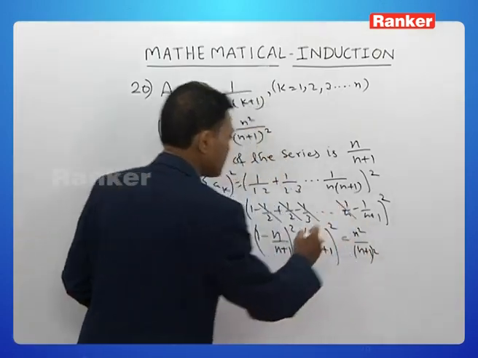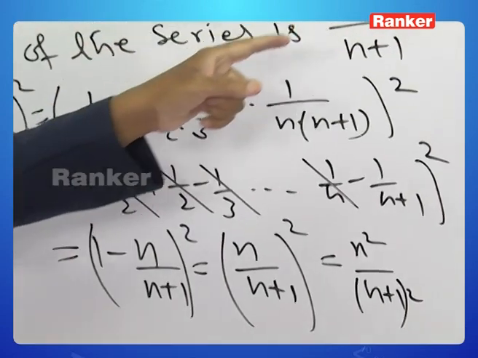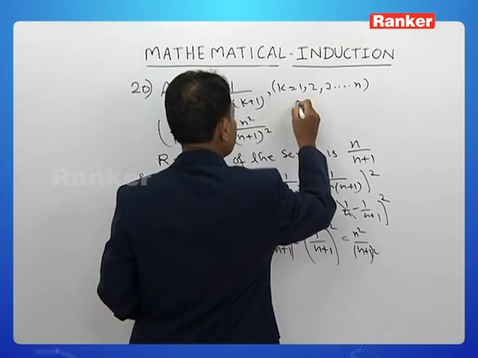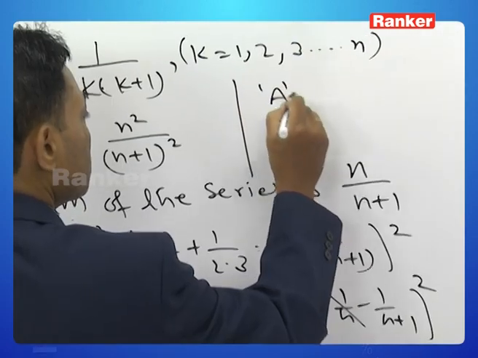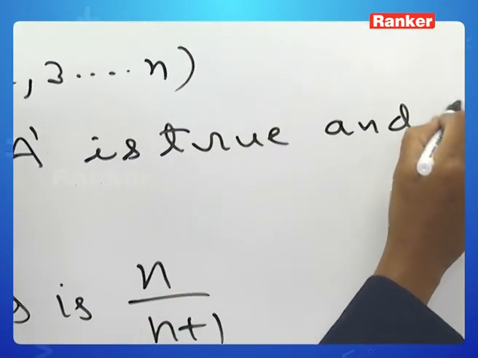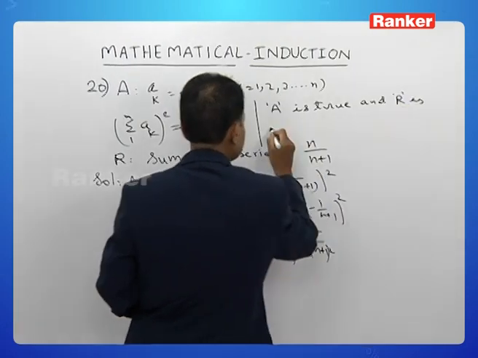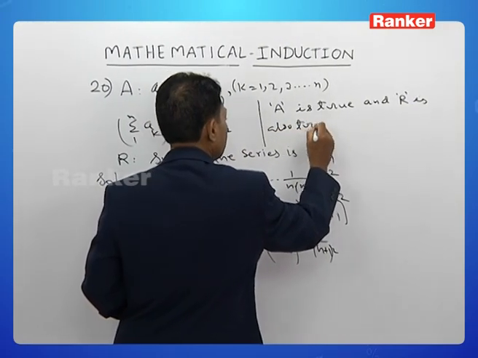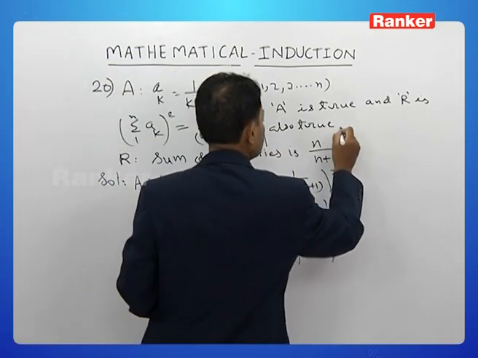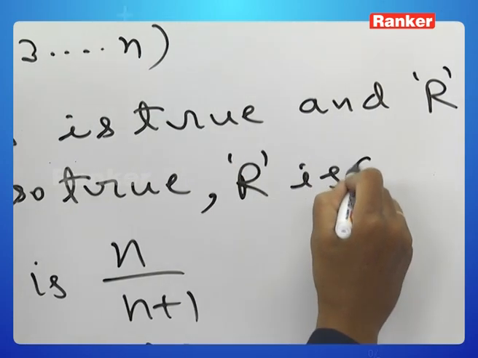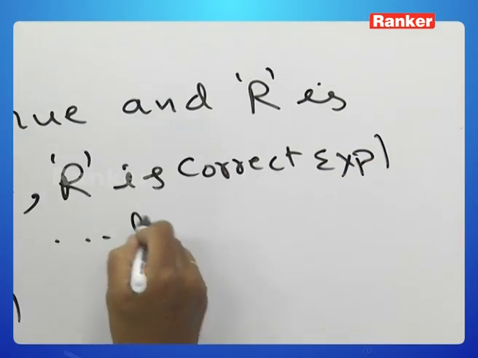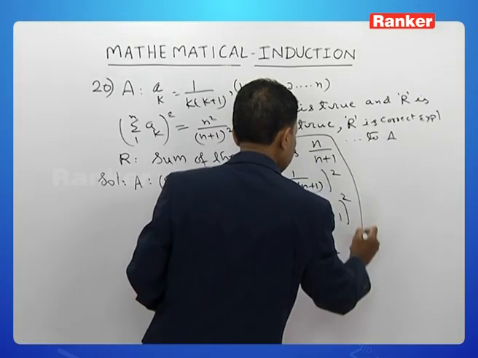So, what we understand is A is true, and the sum of the series n by (n plus 1) is also true. So, what we understand now from this, our answer is: A is true and R is also true, and R is the formula used in A. So, R is the correct explanation to A. So, what is your right answer now?